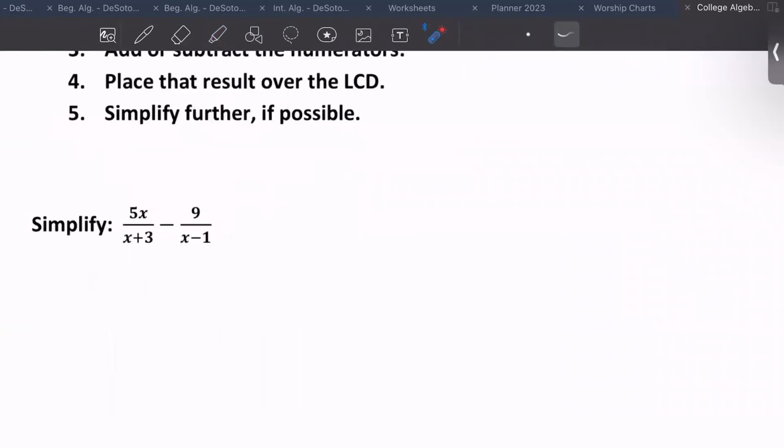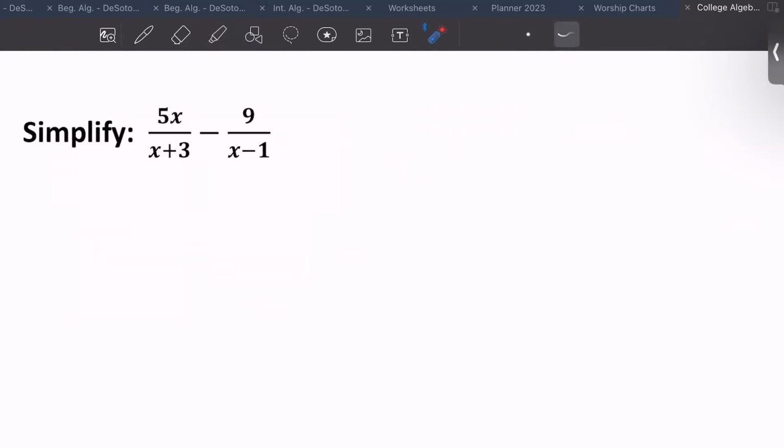Okay, so simplify this guy, 5x over x plus 3 minus 9 over x minus 1. Okay. So our first step is we look at this and we say, okay, these do not have the same denominator, x plus 3 and x minus 1. So we need to find the least common denominator.